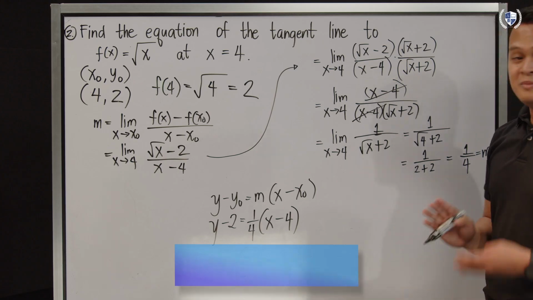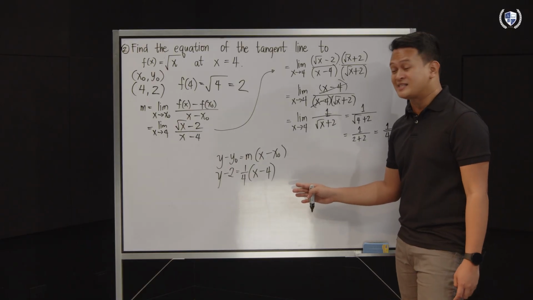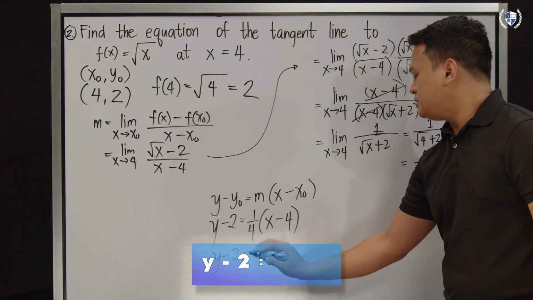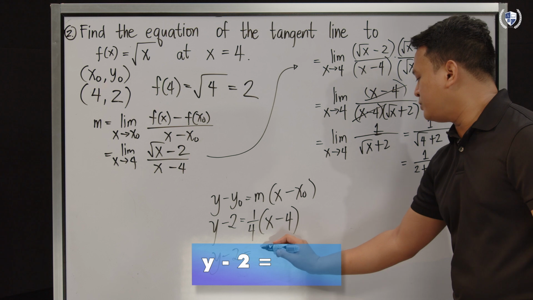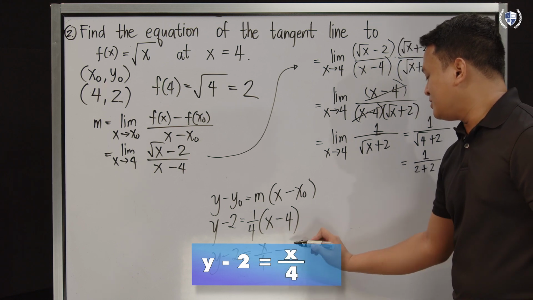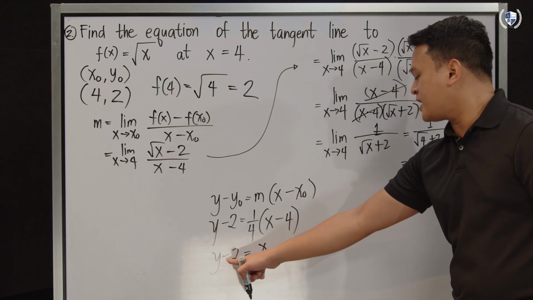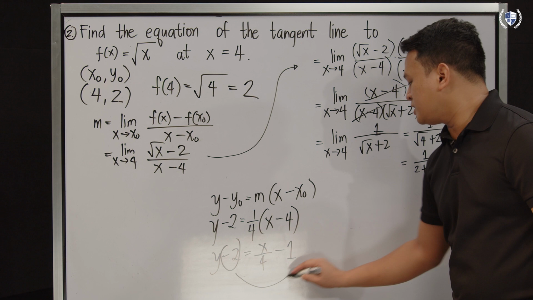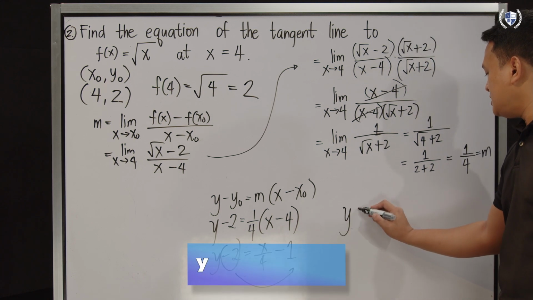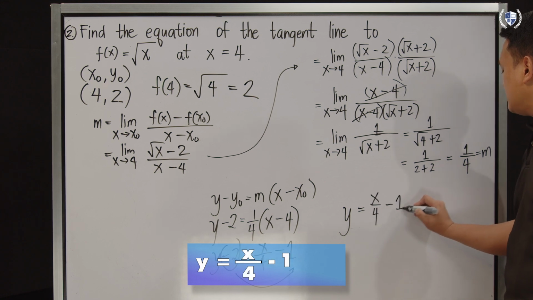Yun nga lang, mas maganda, especially sa math natin, nakasimplify yung mga sagot. So, this one is equal to y minus 2 equals distribute 1/4. So, we'll have x over 4 minus, pag times natin to, that would be 1. Transpose negative 2 to the other side of the equation, giving us y equals x over 4 minus 1 plus 2.